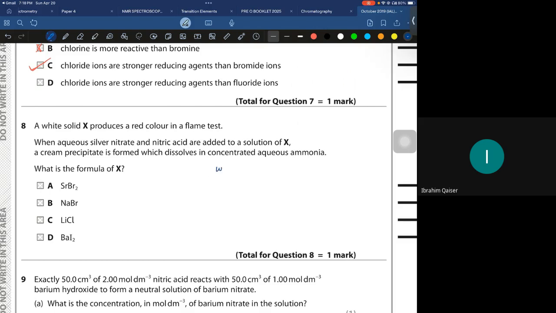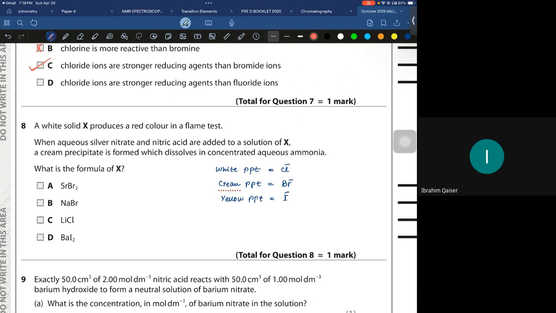White precipitate is for chloride, cream precipitate is for bromide, and yellow precipitate is for iodide. They're saying cream precipitate, which dissolves in concentrated aqueous ammonia. What is the formula of X?